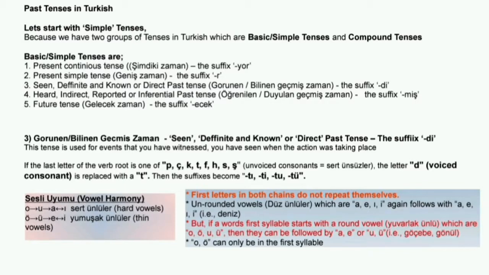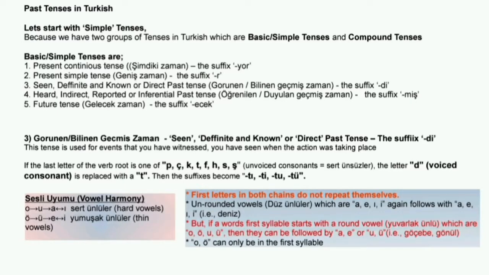And unrounded vowels, düz ünlüler, which are A, E, I, again follow with A, E, I. What we have given as an example is deniz. As you can see, the first vowel is E and the second one following it is I.